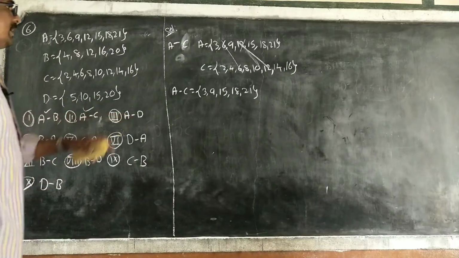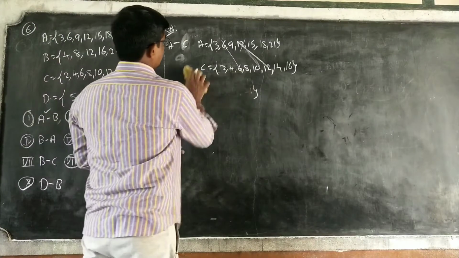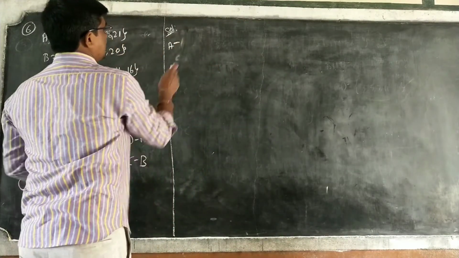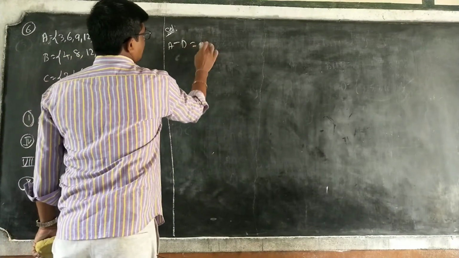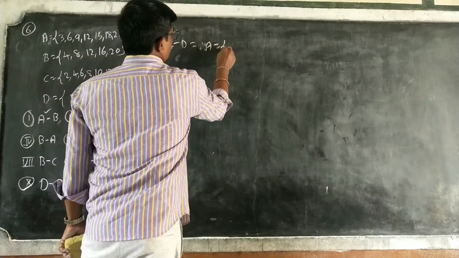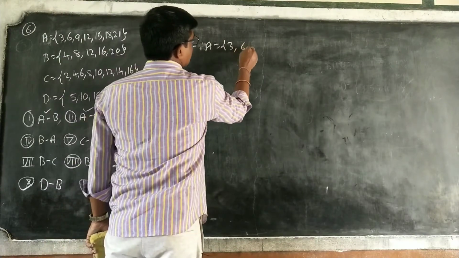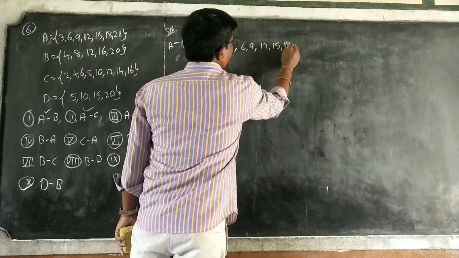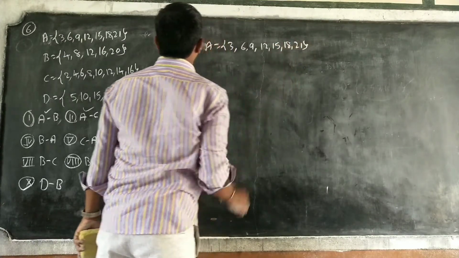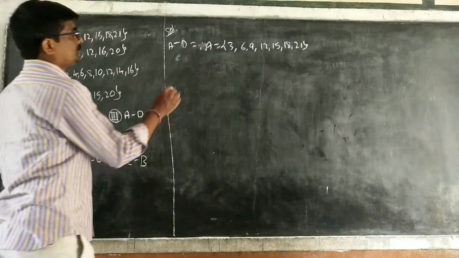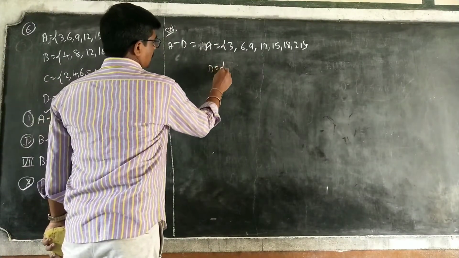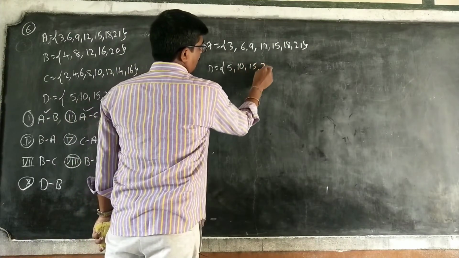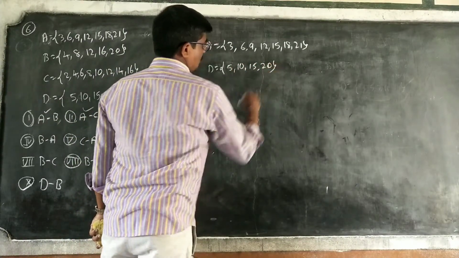Next, A minus B over, A minus C over. Next, A minus D. Same as it is, I am writing. So, A minus D. What is A? A, you already know: 3, 6, 9, 12, 15, 18 and 21. Next D. D is equal to 5, 10, 15 and 20. 15 and 20.